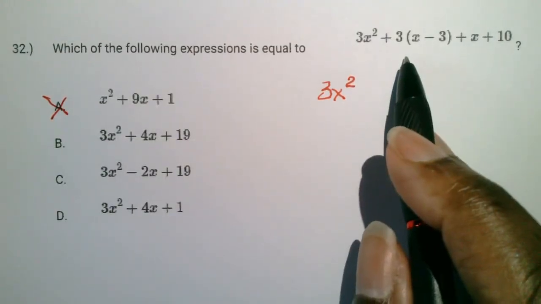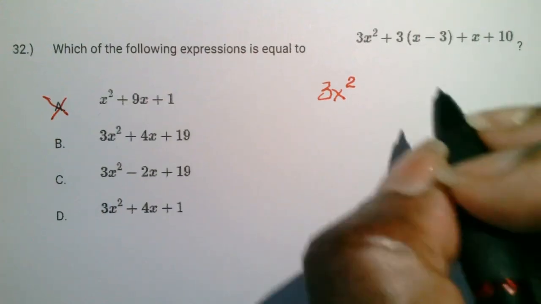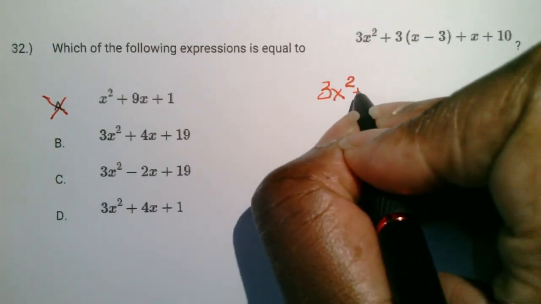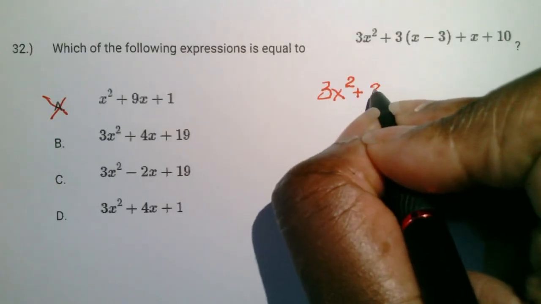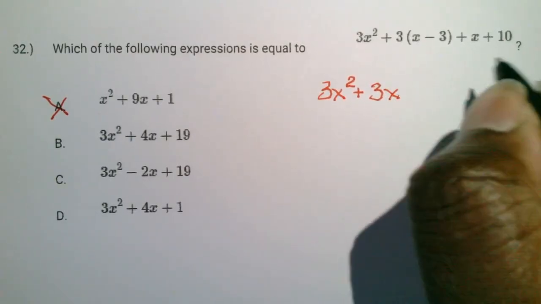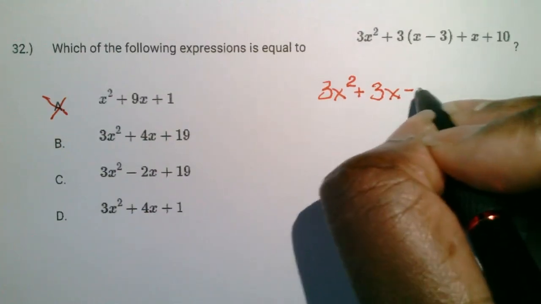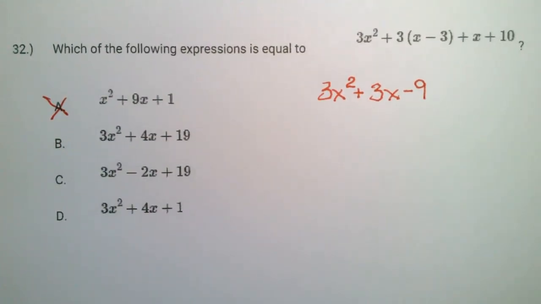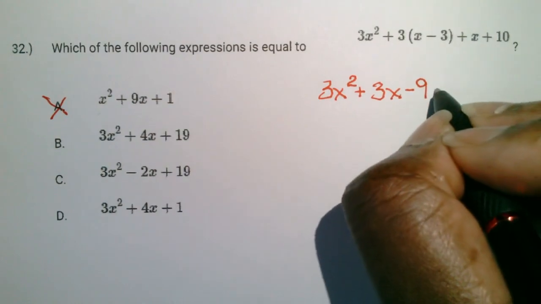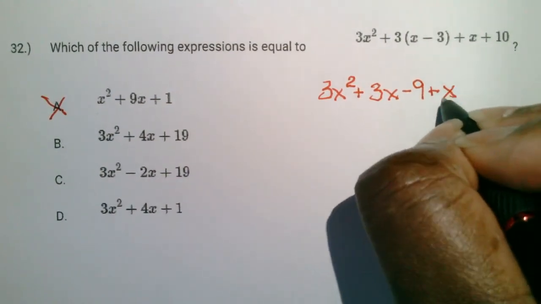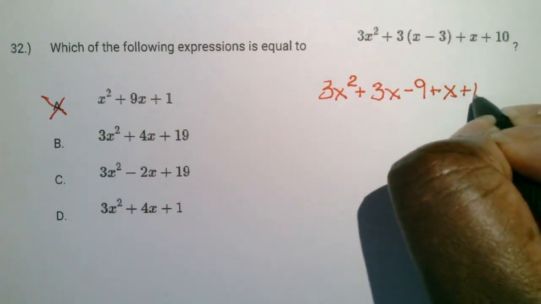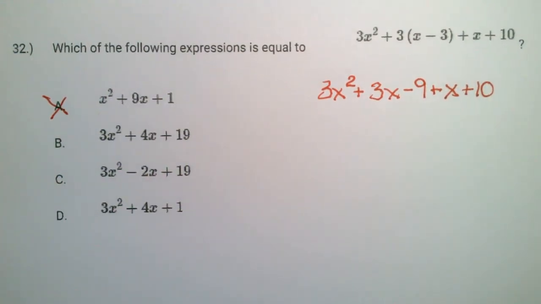So now we need to do our distributive property. We have our plus 3 times x, which gives me 3x. 3 times negative 3 gives me a negative 9. And then I can bring down the plus x and the plus 10. Okay, so now I need to combine what's called like terms.